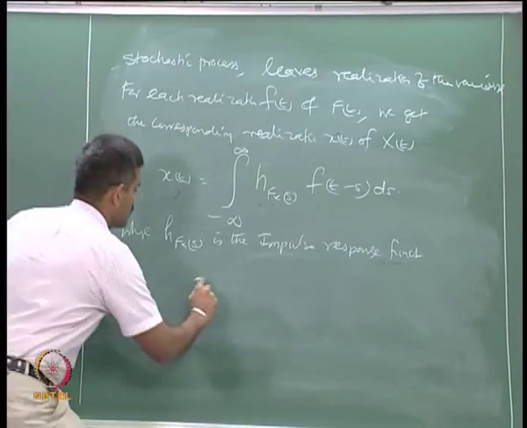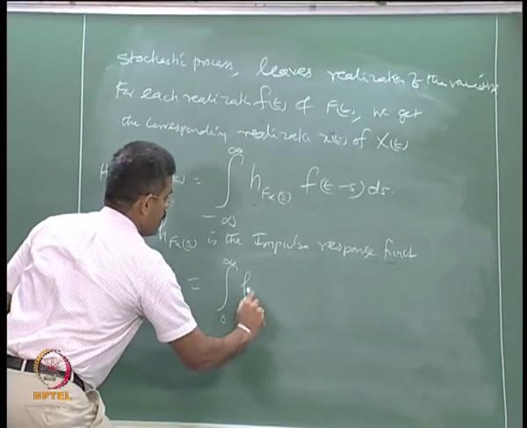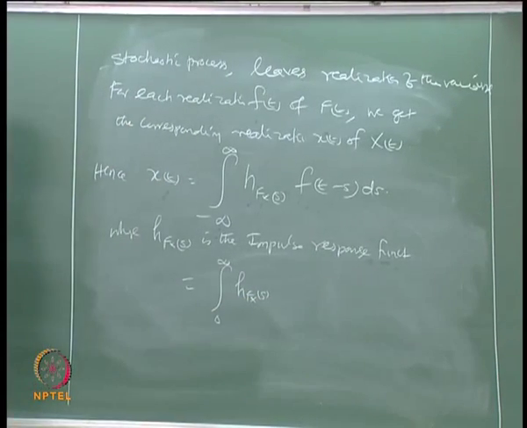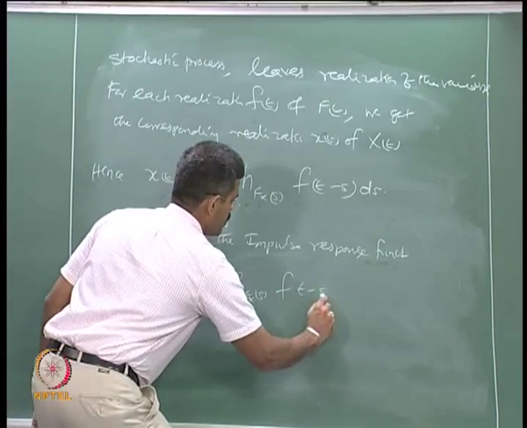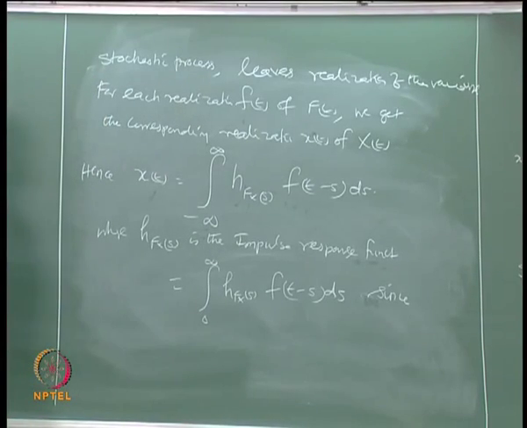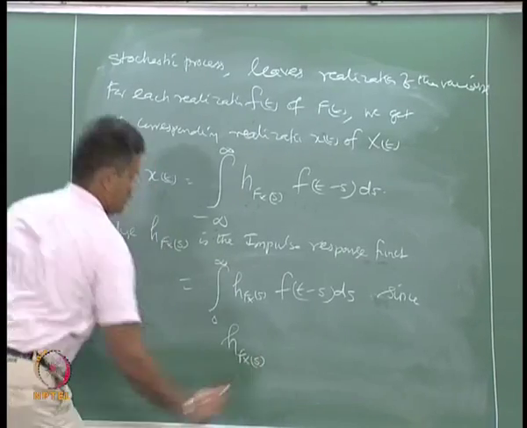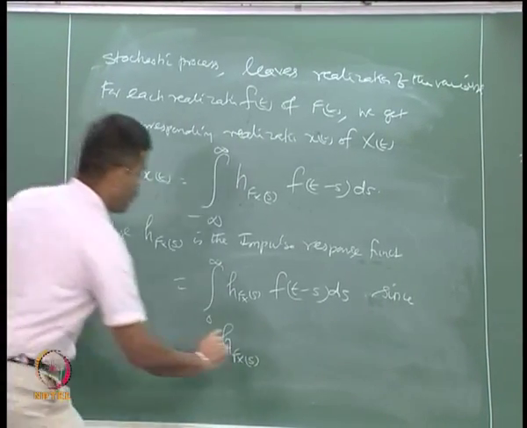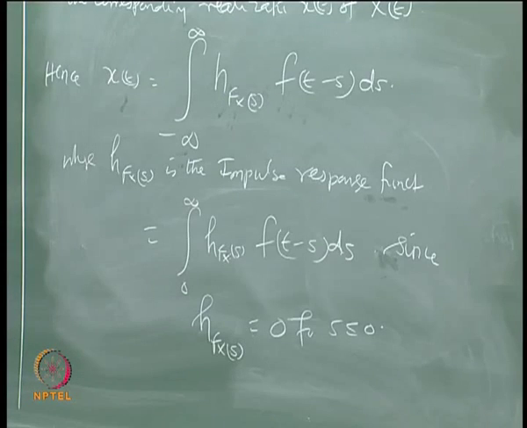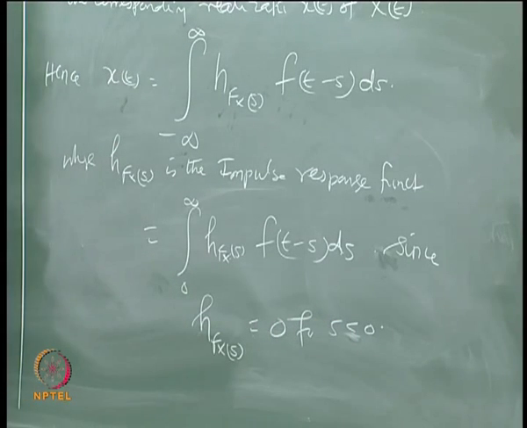So, I can rewrite this equation as 0 to infinity h_fx(s) f(t minus s) ds, since h_fx(s) is 0 for s less than 0, because at 0 you have value, you do not know.